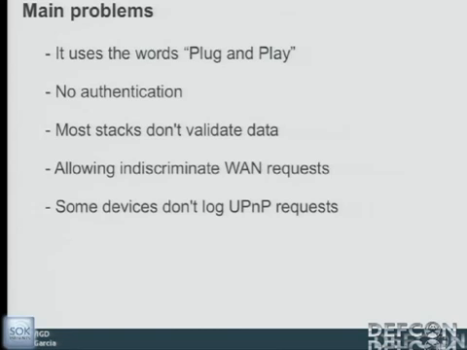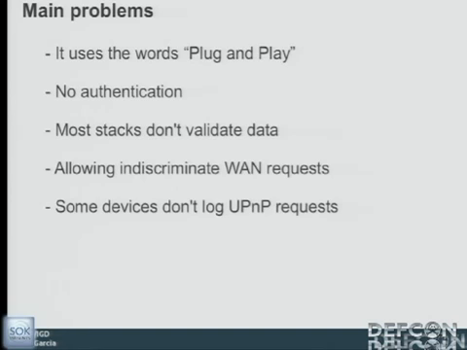After that, the other problem is that most stacks do not validate data. What we mean by this is that, first of all, UPnP was designed for LAN use only, and that's not true, unfortunately. But not only that, port mappings were designed for internal hosts that wanted to traverse the net and add port mappings.